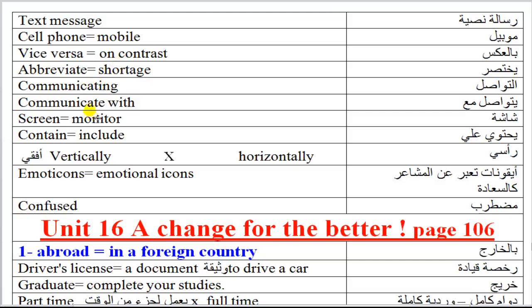Communicating, communicate with. Screen, monitor. Contain, include. Vertically, horizontally. Emotional icons. Confused.